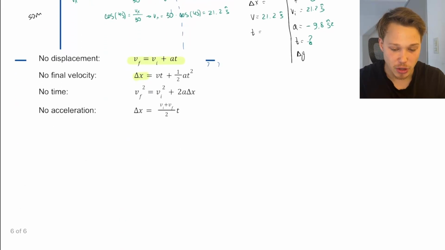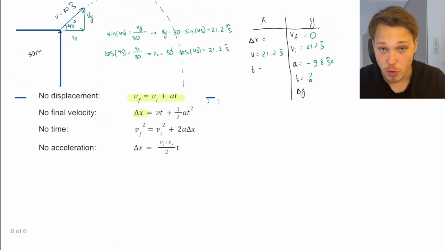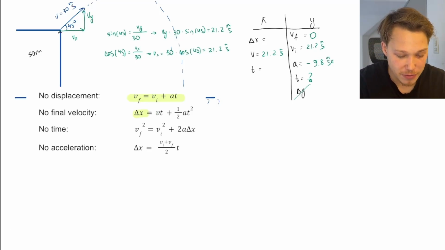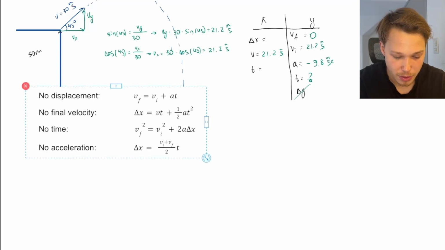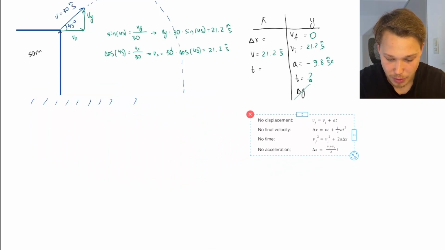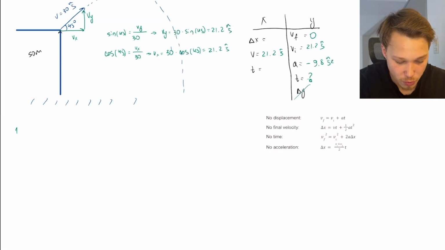So let's take a look at this. The variable we don't care about in this case, so we don't need to calculate it and we weren't given it, is delta y. So if we don't have displacement, we should select the first equation right here. The first equation will be Vf is equal to Vi plus at.